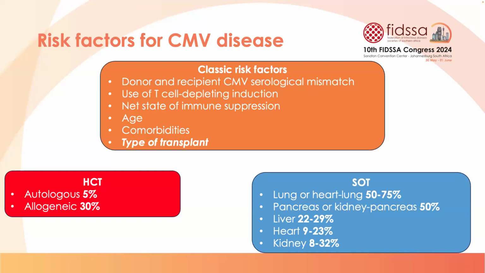Whereas if we look at solid organ transplant, like Jeremy suggested, lung is most probably the highest risk for CMV disease, or heart, lung, pancreas transplants particularly, so pancreas on its own or with a renal transplant, and then other solid organs like liver, heart, and kidney, rates up to about 30%. This is obviously in the absence of using anything to prevent infection.